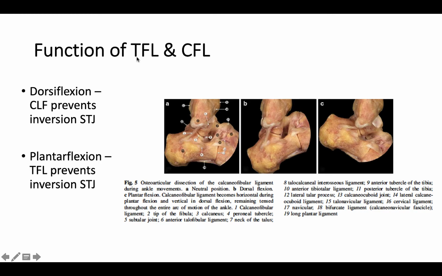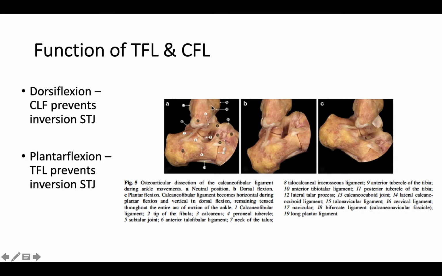So here we look at the function of the anterior talofibular ligament and the calcaneofibular ligament. It's making a point that the function is different whether the joint, talocrural joint, is in neutral, dorsiflexion, or plantar flexion. So posterior in this picture is to the left, and then we can kind of identify bony landmarks.